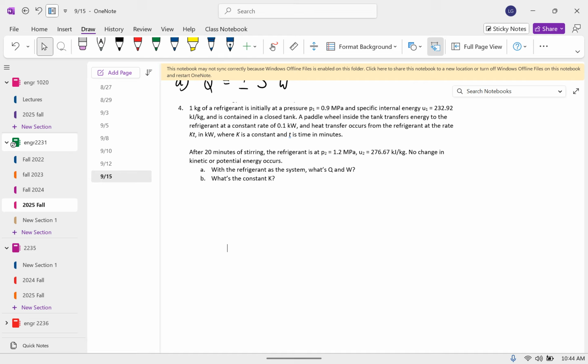I'm going to put everything in SI units here. So if t is in minutes, I want it to be in seconds.